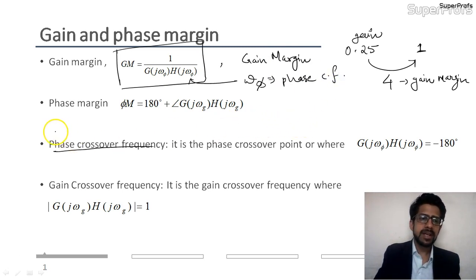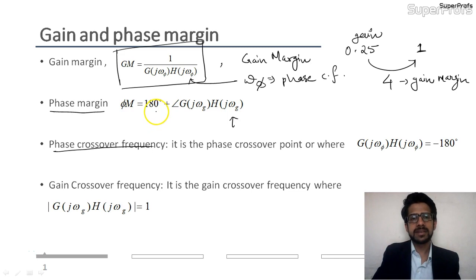Similarly, you can calculate phase margin, but for phase margin initially you will have to calculate gain crossover frequency. So for phase margin calculation, the first step should be to calculate the gain crossover frequency. This is how you will calculate omega g and put that into the phase margin equation.